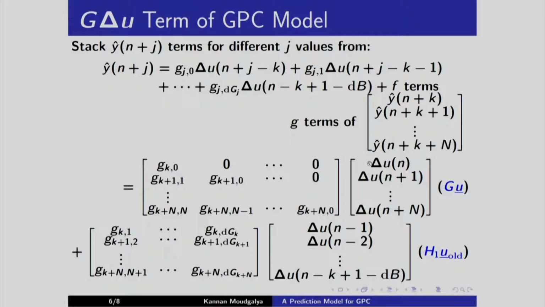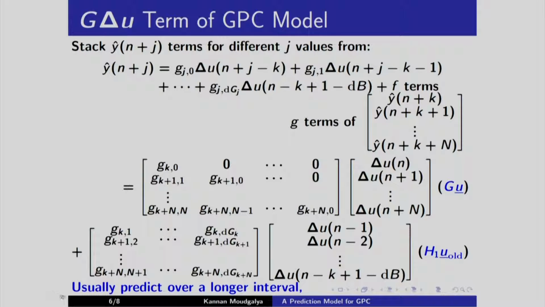Notice that although I have delta here, I do not write delta here. It is understood that whenever I write U underscore, I have to use this vector. Similarly, I have to use this vector for the old. We have still not included F terms. We will calculate them in the next slide and add that to these two.